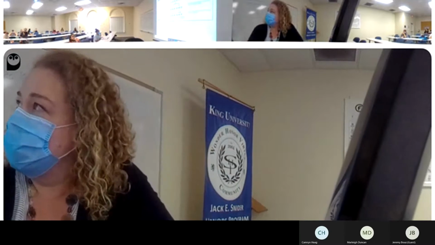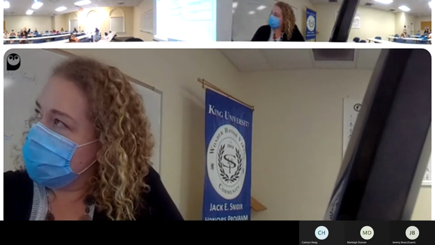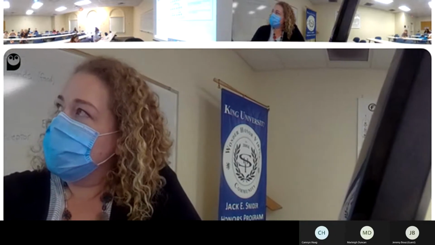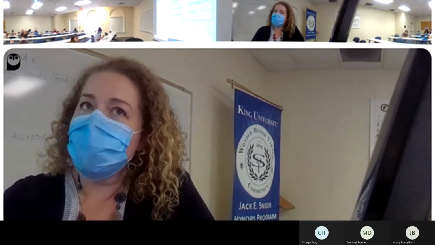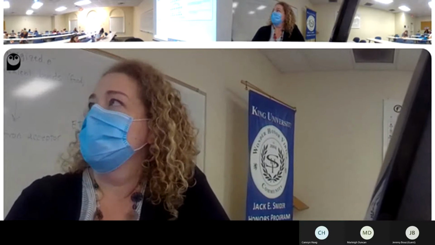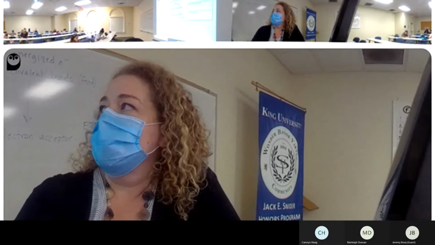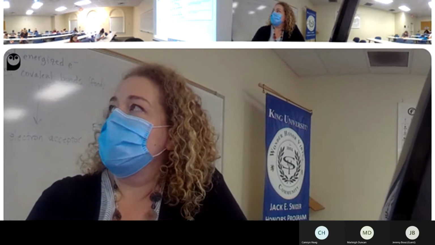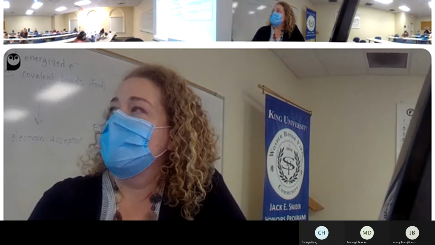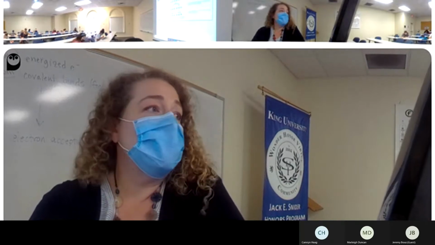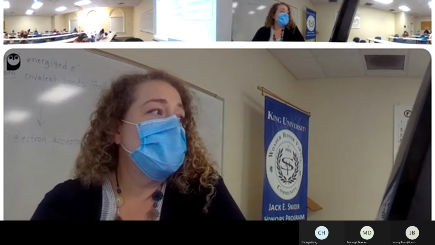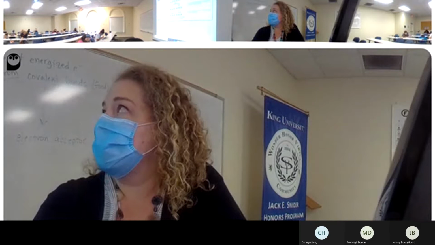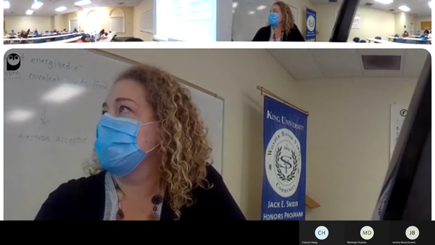And I would have you write up at the top of this, turning glucose into ATP always starts with glycolysis. It's the beginning of every type of metabolic pathway that uses that sugar.